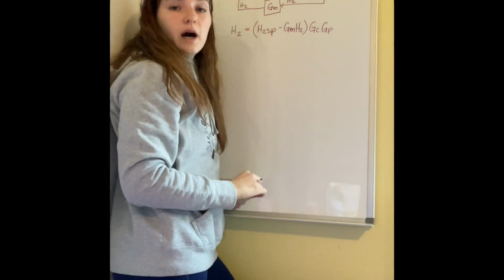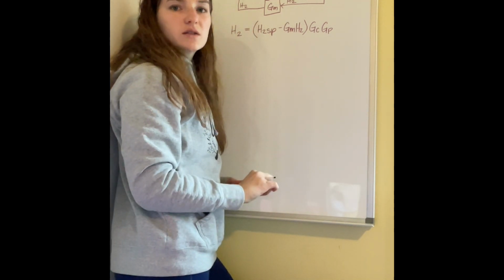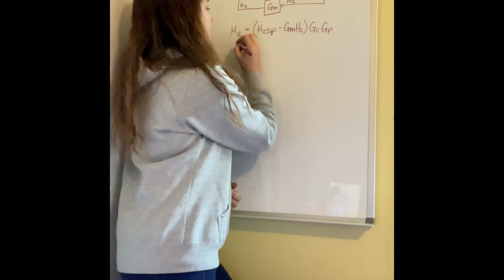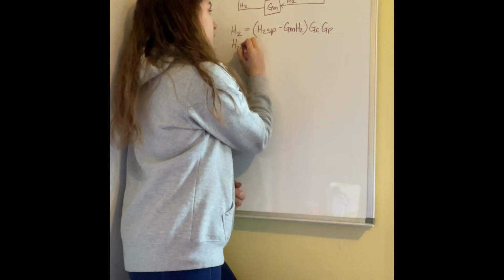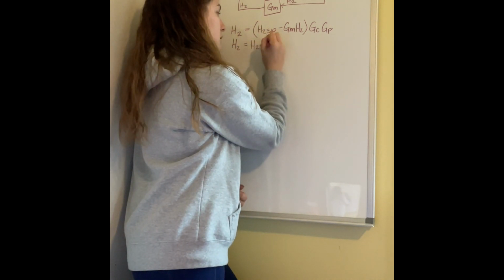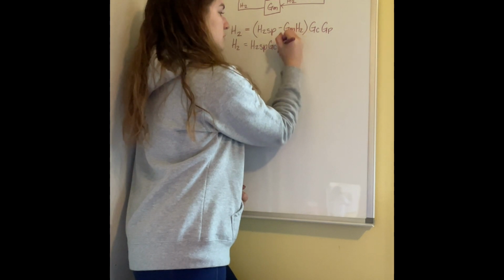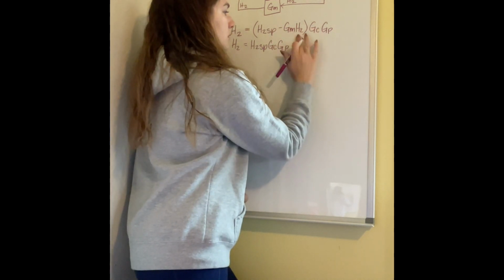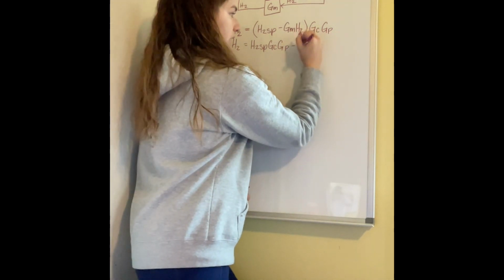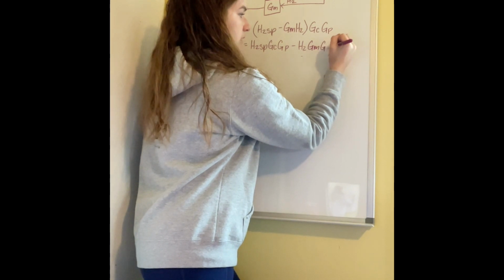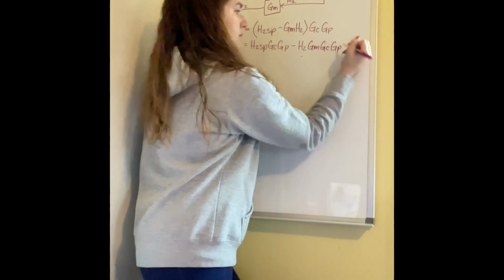So now we're just going to algebraically make this look a little nicer and get an actual equation for this. So we're going to have H2 is equal to our H2 set point times GC GP minus our H2 times our GM, GC, and GP.